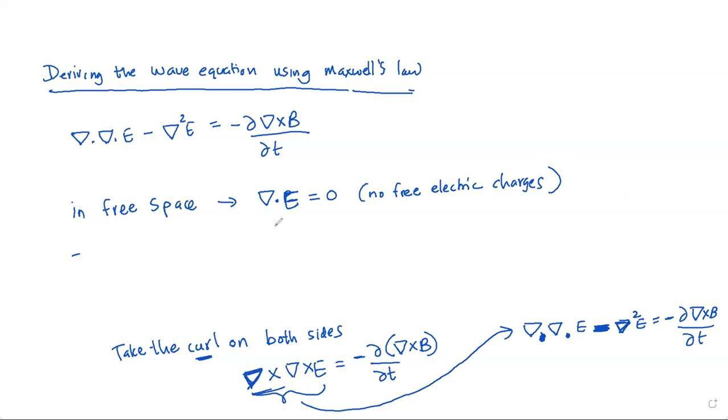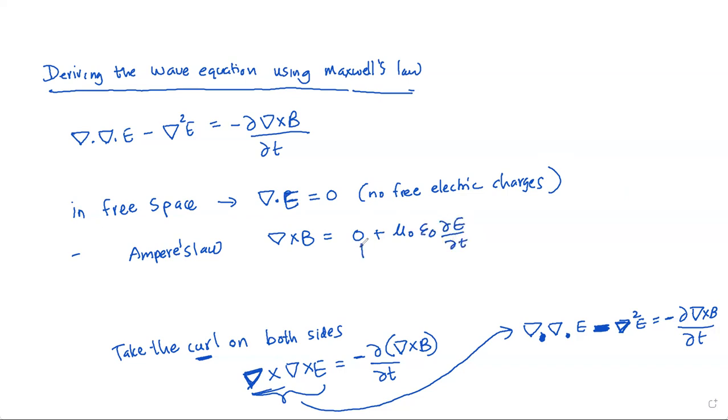So because of that, we can also write from Ampere's law that the curl of the magnetic field in the free space will be equal to 0 plus μ0 ε0 ∂E/∂t.